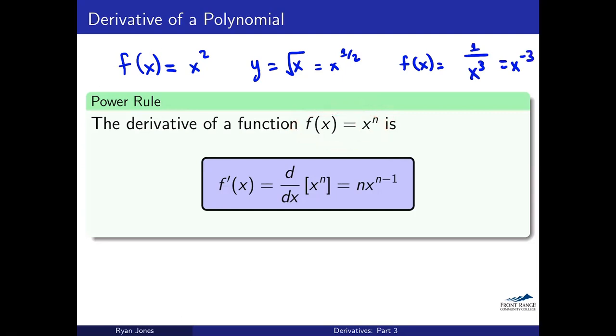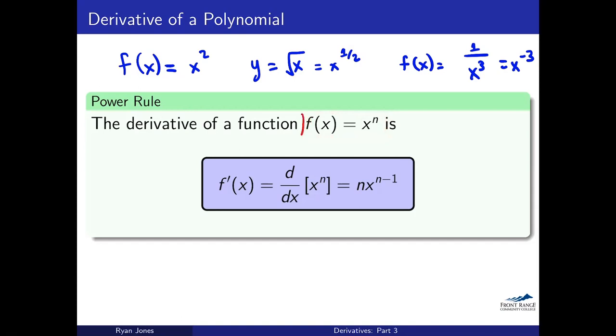So if you see a function that looks like x to the n, i.e. x squared, x to the 1/2, x to the -3, then you can take its derivative very quickly. We'll go into this notation so I can explain what that derivative actually is. Here's my function f of x right there.